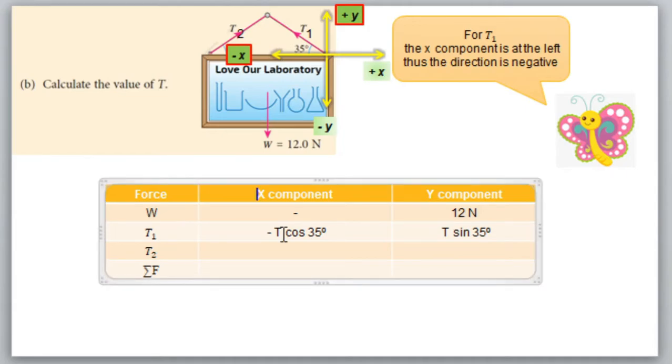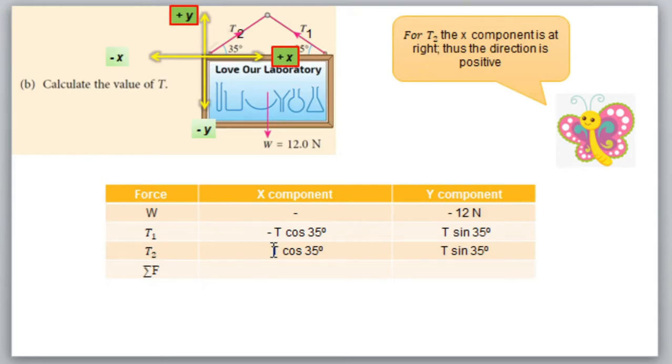Now we need to find the value of T. And the Y component is at the positive Y. So the force acted on the object in Y component is T sin 35 degrees. For T2, which is the second tension of the string, the direction of the X component is in the positive direction of X. So we put positive T cos 35. And at the Y component also, T2 is at a positive Y. So it is T sin 35 degrees.